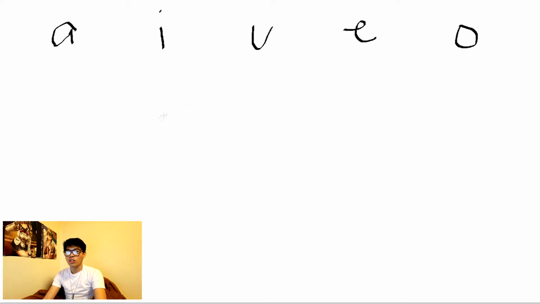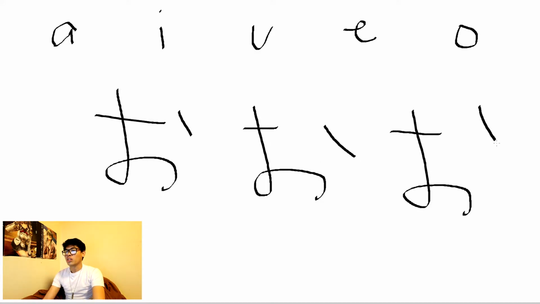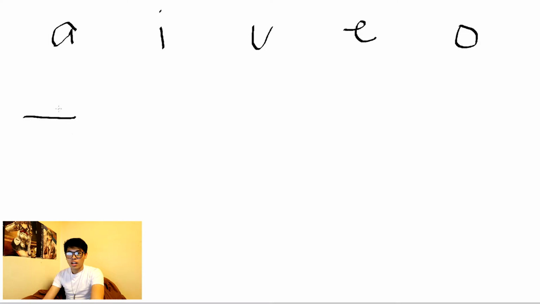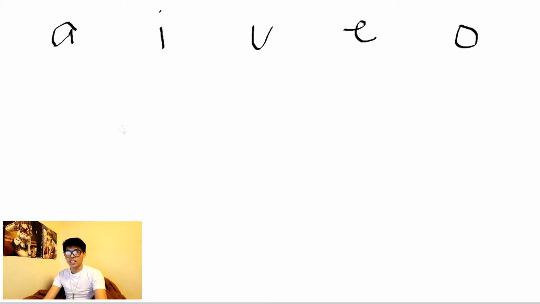How about O? 1, 2, 3. That's all. We have A, I, U, E, O. Okay, so next is Ka.